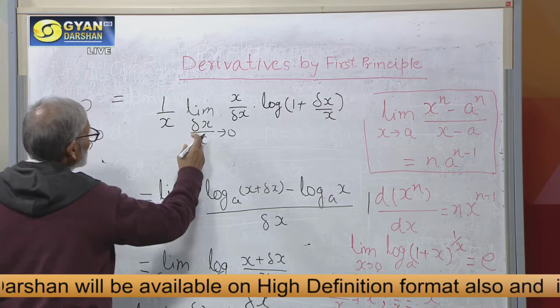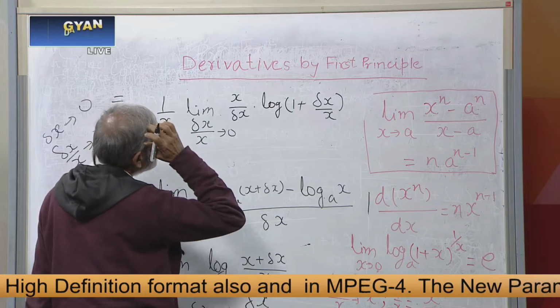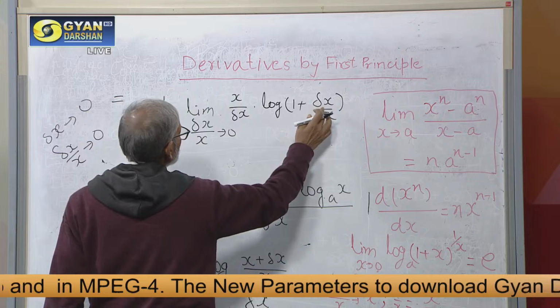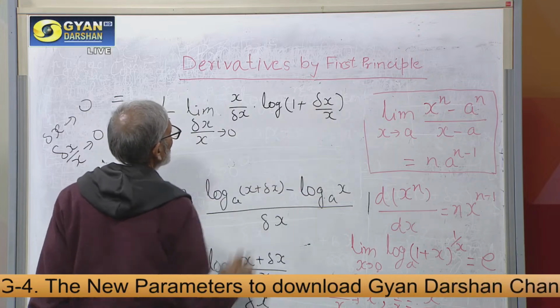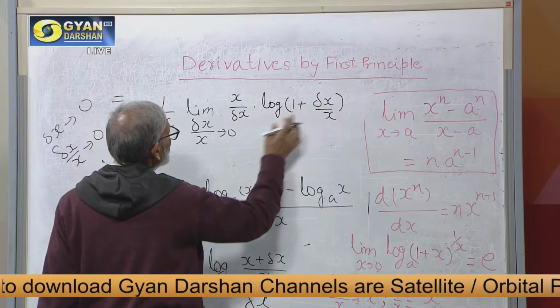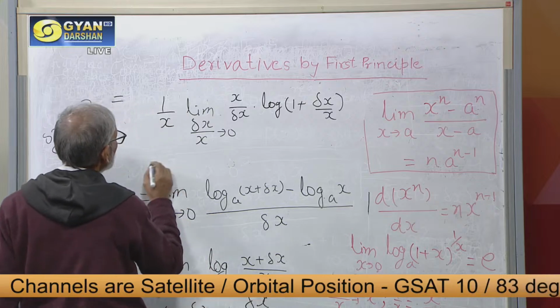So, we have put here delta x upon x tends to 0, and in place of x we have taken delta x upon x, and since this is a logarithmic function, this will come here as power.